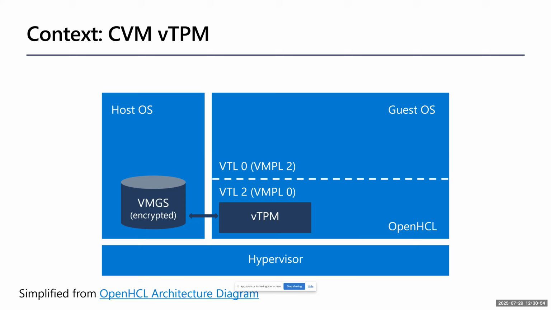There's platform quotes. There's the MAA service itself, which is used to verify the evidence and give a token that's then used by a key management system to do an SKR and share that key. So there's a chunk of code in a few different services that also become part of this TCB, and all the questions of what are they and how do we trust them are valid questions.